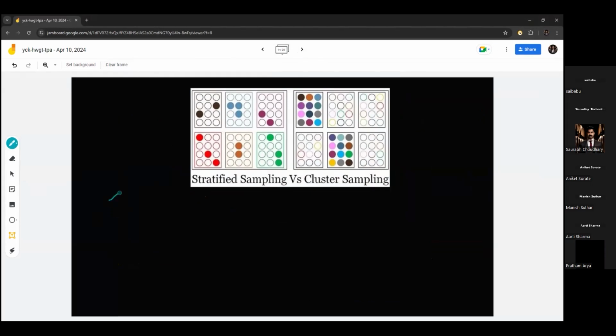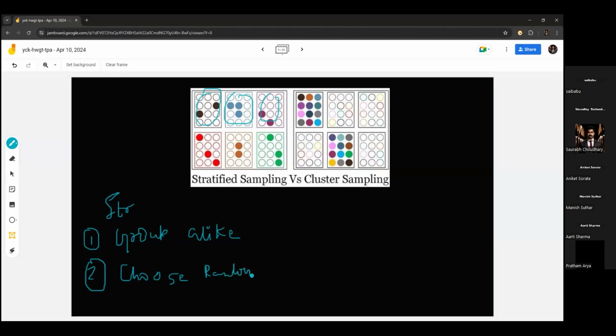In stratified, what we do, first step is group alike data, right? And then second is choose random data from them. Yeah, then we choose random data from all of the cluster.